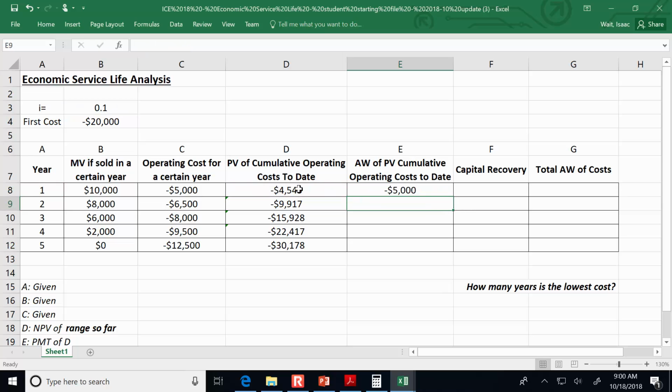For the first one, it's 5,000, and that makes sense because it was 5,000 to begin with. If we're just keeping it for 1 year, then the annual amount of the operating cost is 5,000. Now the rest of them are not going to be exactly the same as the original given amount. I might need to anchor the interest rate.